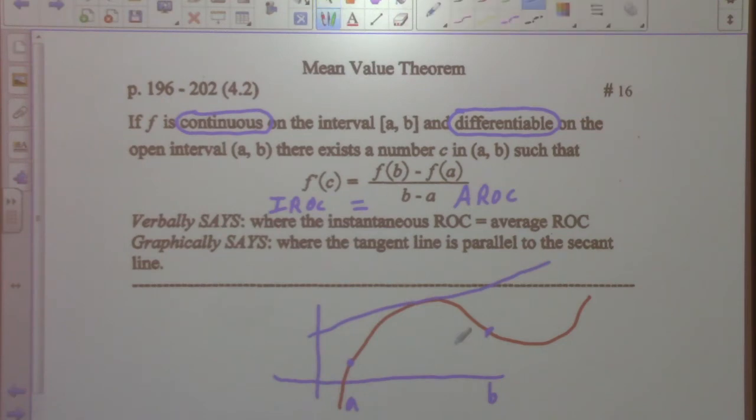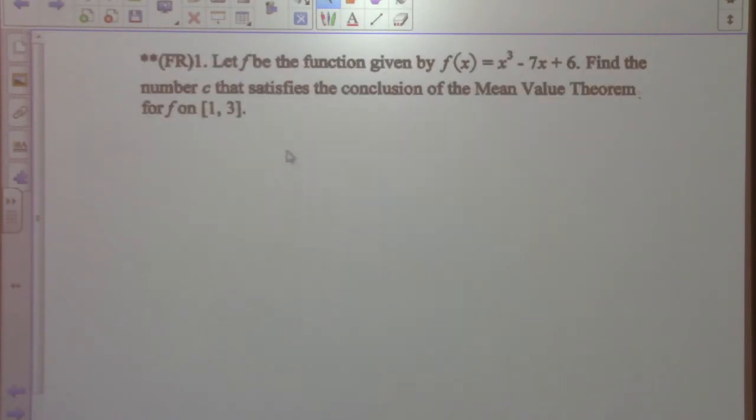So what that means is right here at x equals c, there is a value c where this instantaneous rate of change equals the average rate of change. Okay? So that's at x equals c. And so that's exactly what we're looking for in this first problem.